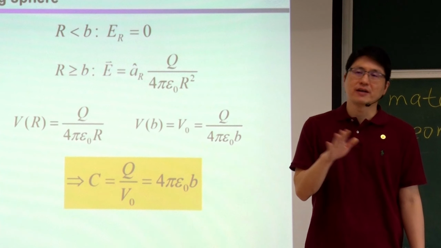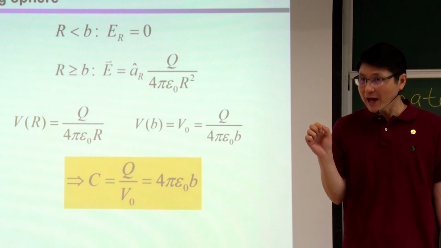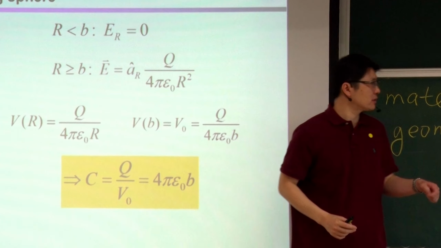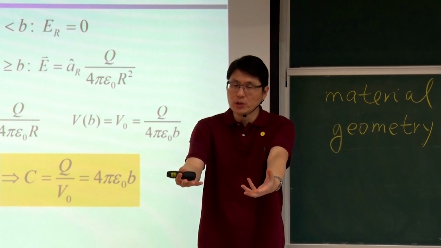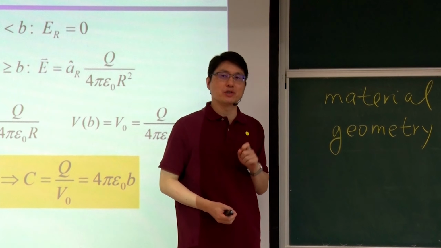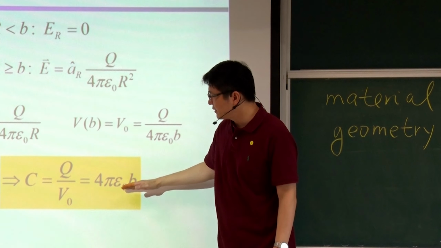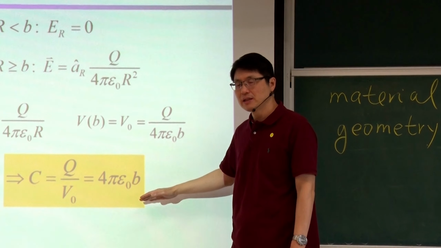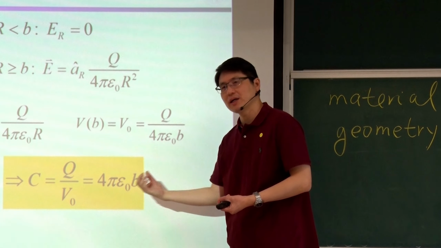Starting from this point and on, whenever you try to derive the capacitance value, you always have to bear in your mind your result should somehow show the dependence of material and geometry. Okay? So look at the simple expression. It is correct indeed, but where is the material response showing up?